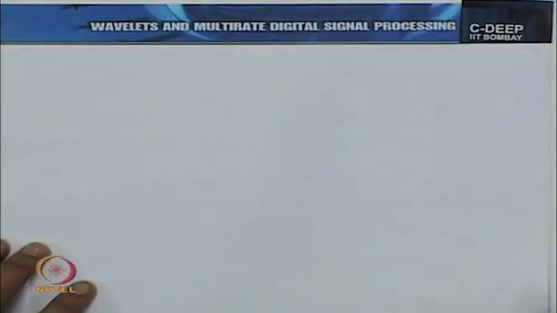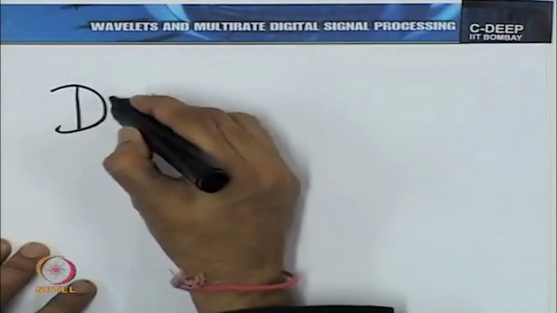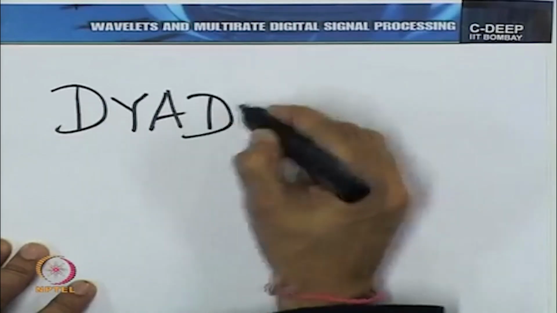Please remember, here we are increasing the resolution, or improving the amount of information contained, by factors of 2 each time. And that is why we use the term dyadic. Let me write down that term, dyadic. So what we have introduced in this lecture is the notion of a dyadic wavelet.